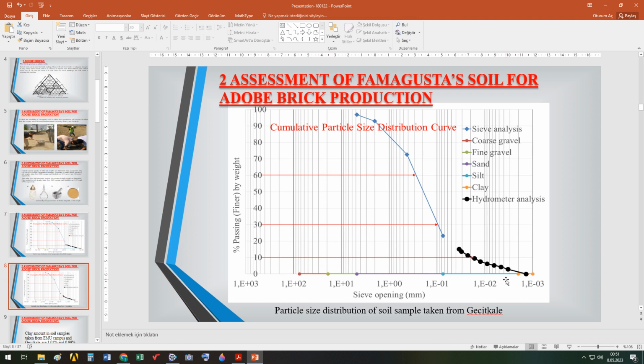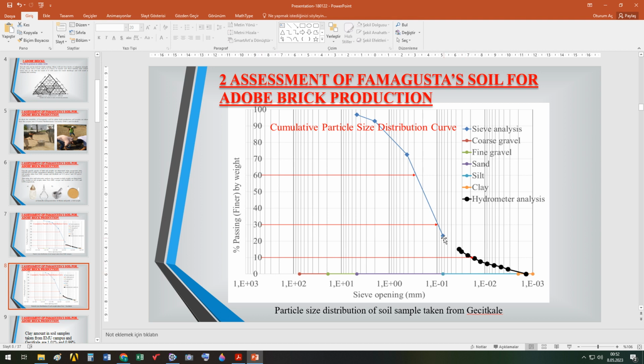These lines with different colors help me to understand visually what the percentage of the ingredients is. This curve is obtained from sieve analysis and the other curve is obtained from hydrometer analysis. As you see here, the sand amount can be seen from here. If I draw a line here and then come here, it's approximately 95.